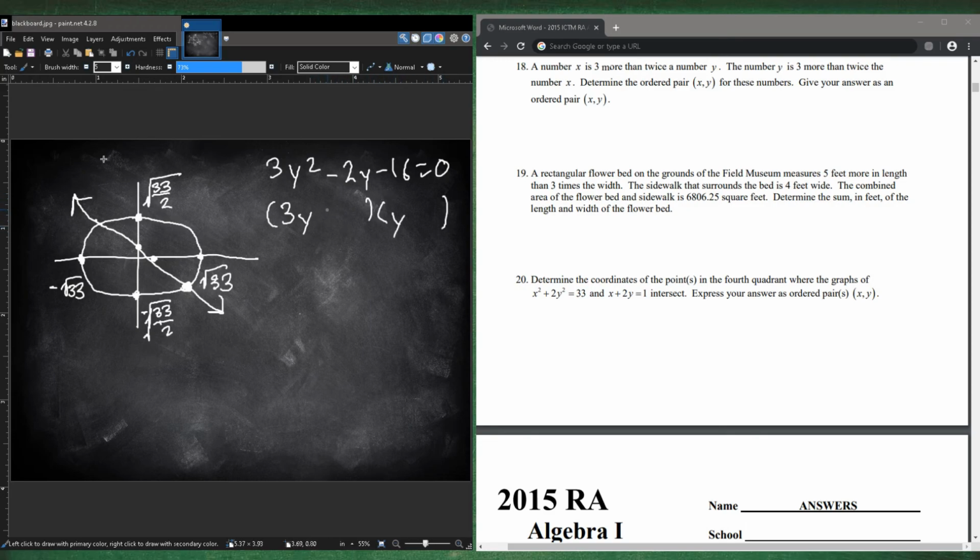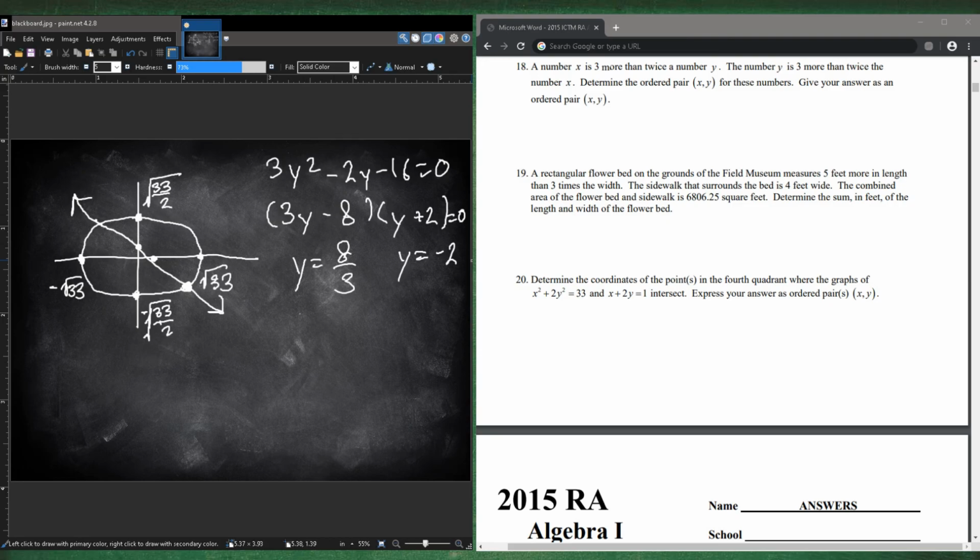So let's say 1, 16, that doesn't work. 2, 8. Okay, 2, 8 works. So this one is going to be the plus 2, and this is going to be the minus 8. So 3y squared plus 6 minus 8, so that makes the minus 2, and then minus 16. So this works. So y here is equal to negative 2, and y here is equal to 8 over 3.